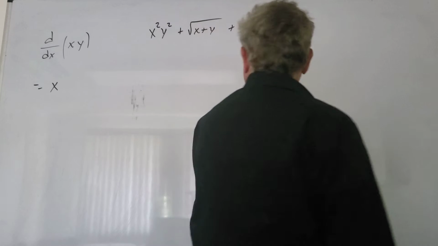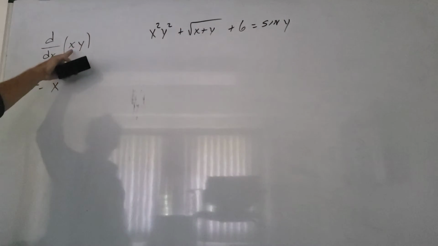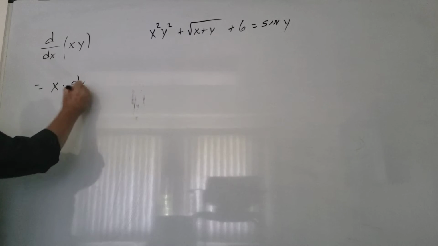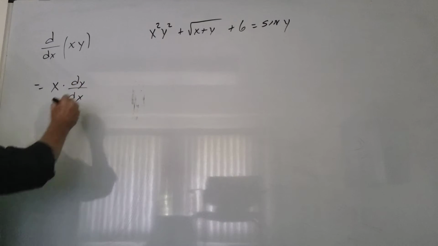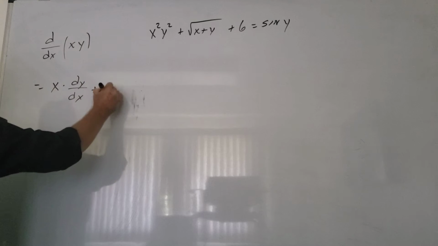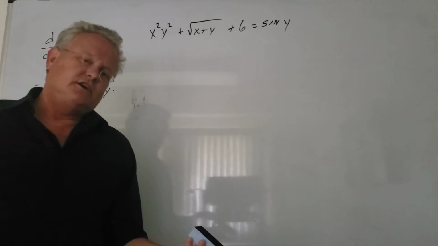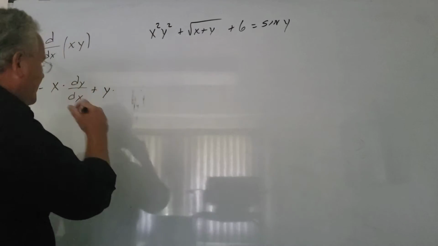So back to this. The derivative: the first times the derivative of the second. Well, the derivative of y with respect to x is dy/dx. Plus the second function y times the derivative of x with respect to x. It's just 1, right?